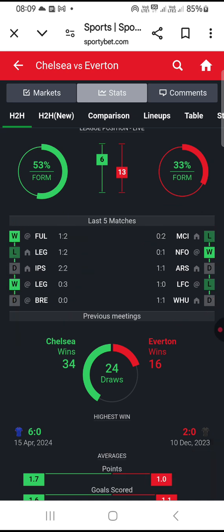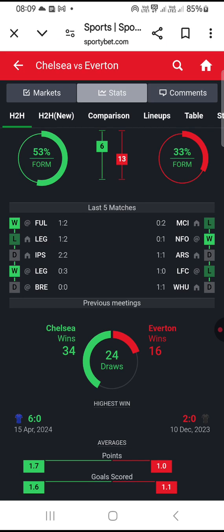So let's see. Chelsea won against Fulham 2-1, lost. So if you look at that, you find out that with Fulham they scored 2 goals. They lost with this, they scored 1. Draw, they had 2. Winning, they had 3 there and have 0-0. On the other hand, Everton, they lost.